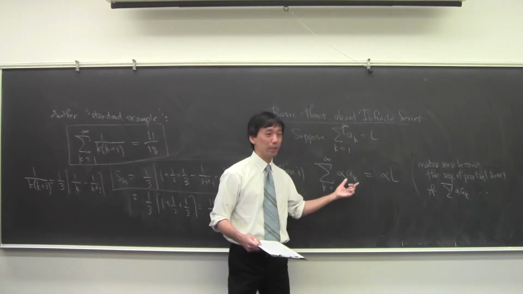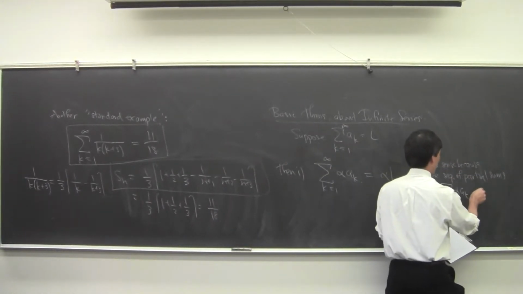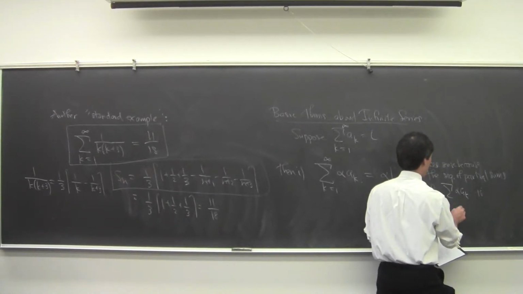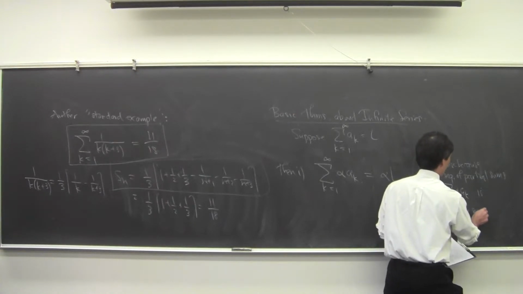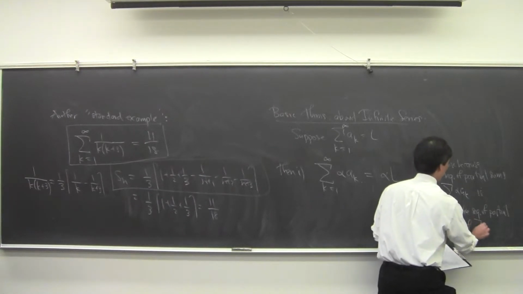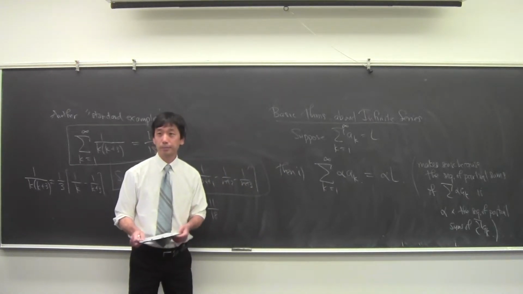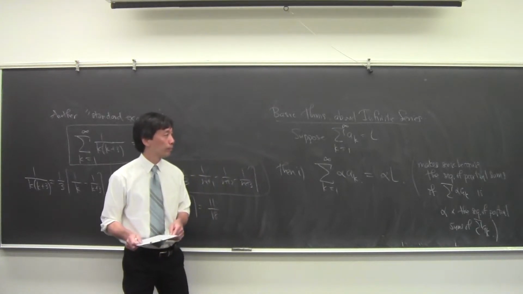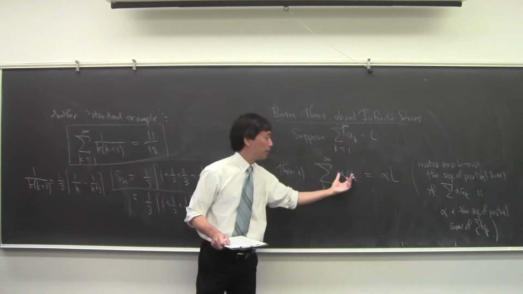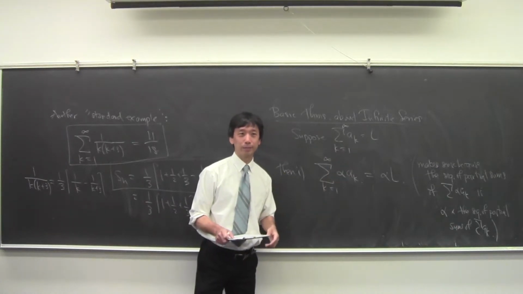So if the original sequence of partial sums converges to L, the new one is alpha times it, so it'll converge to alpha L.